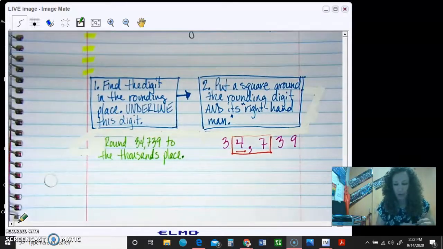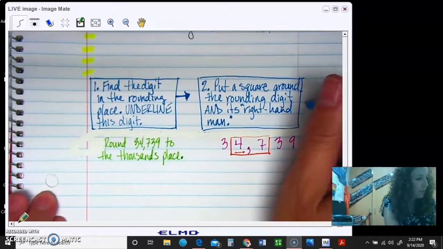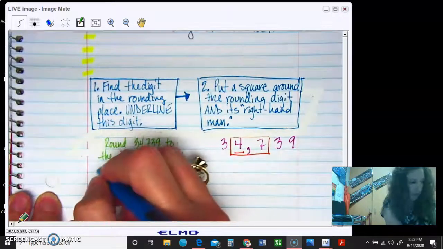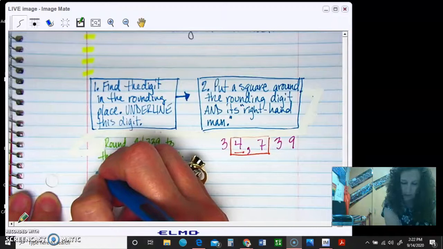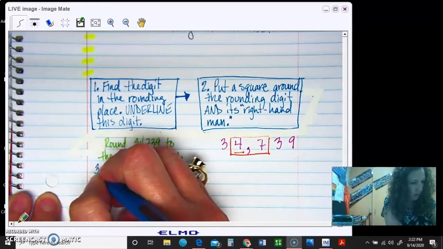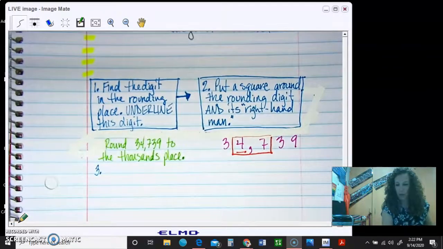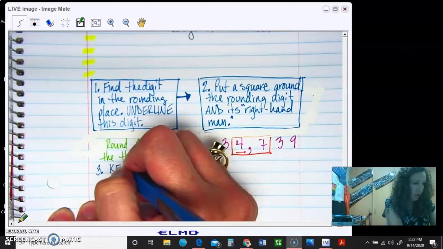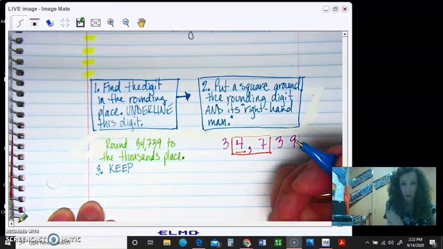Okay, so now let's go to that number 3 box for the flow map. Okay, actually I'm going to do the number first and then I'll draw the arrow and box it. Okay, so we're going to keep all of the digits. Please do write it in all capitals so that you remember to do it.